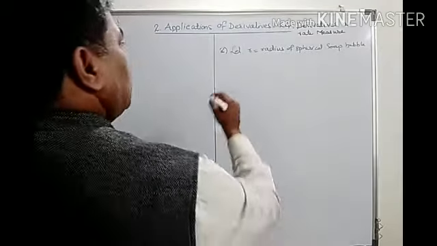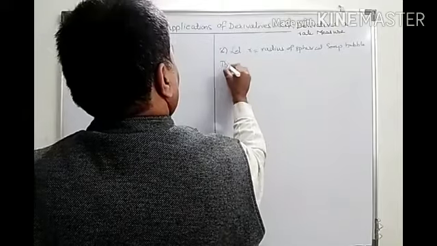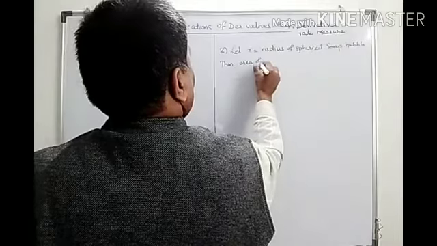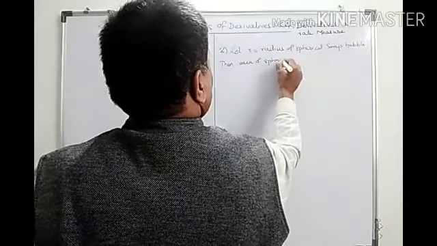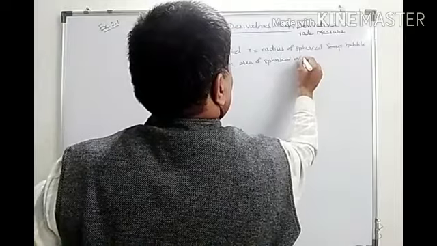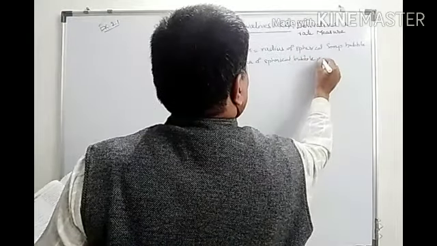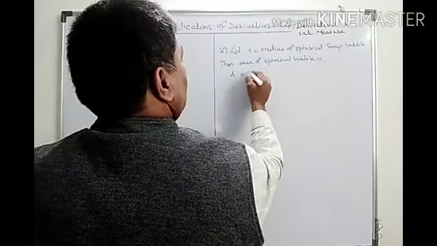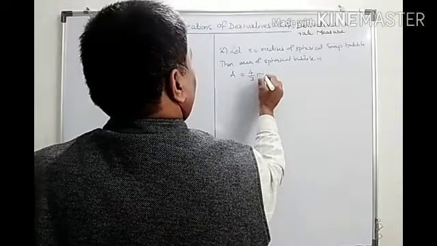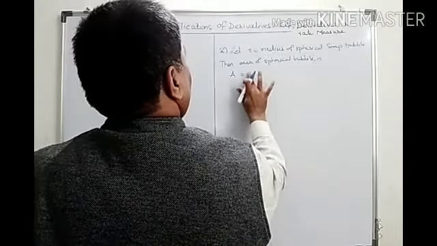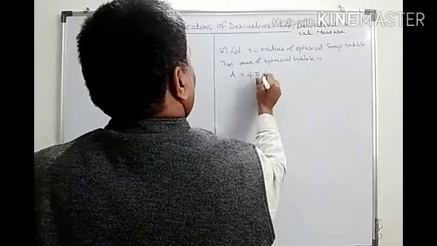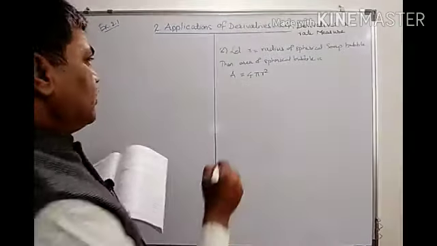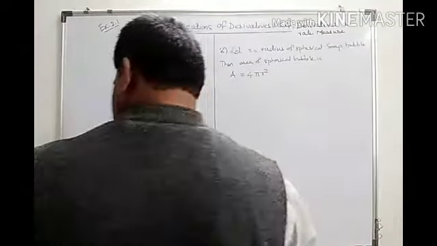Then the area of the bubble, as it is a sphere, A is equal to 4 pi r square. So A is a function of r.